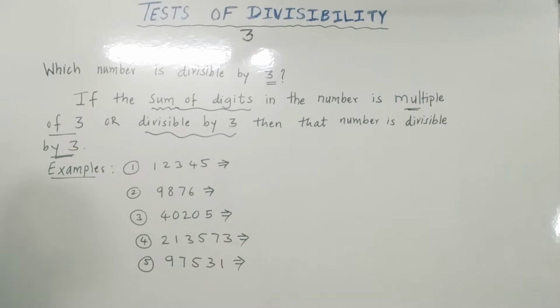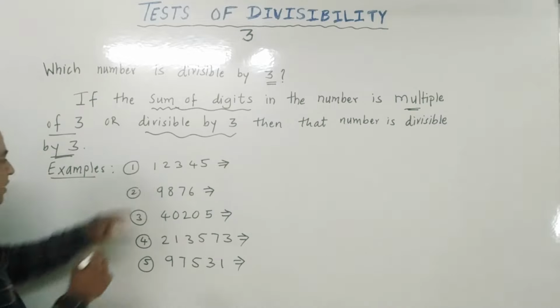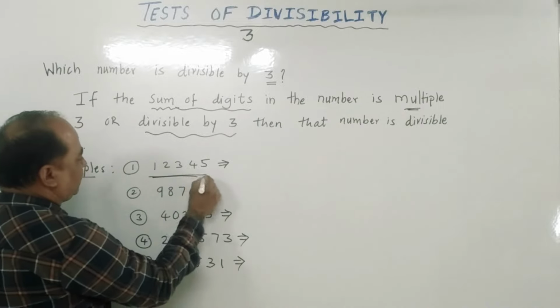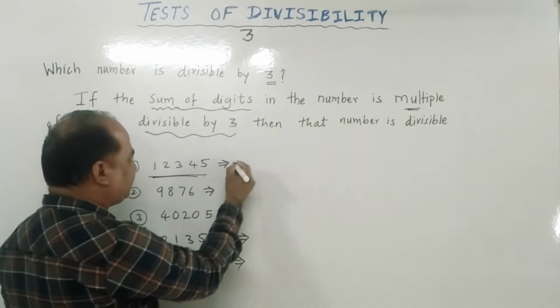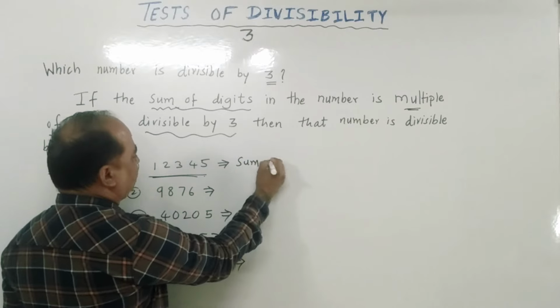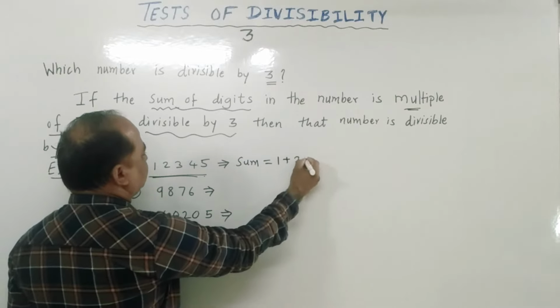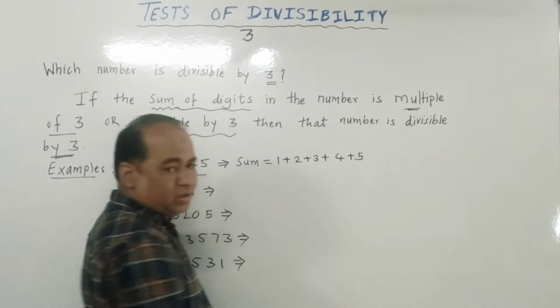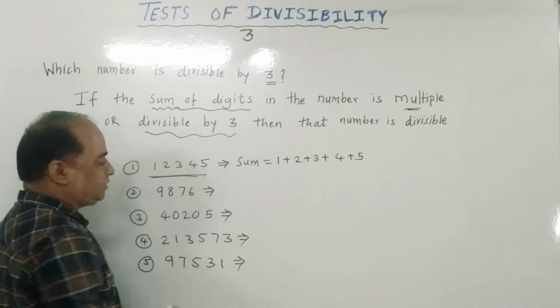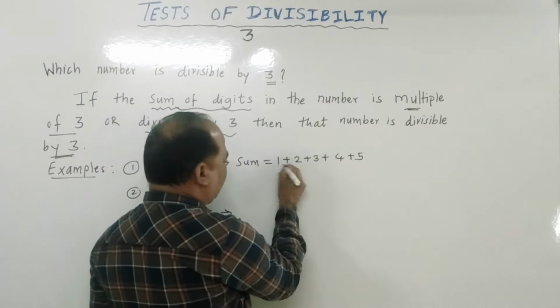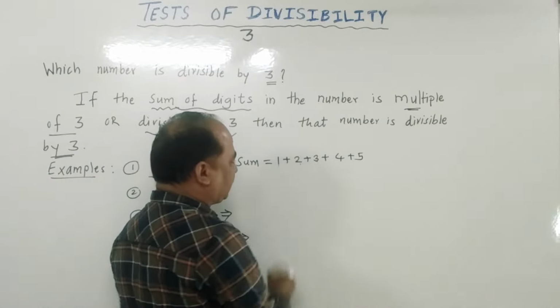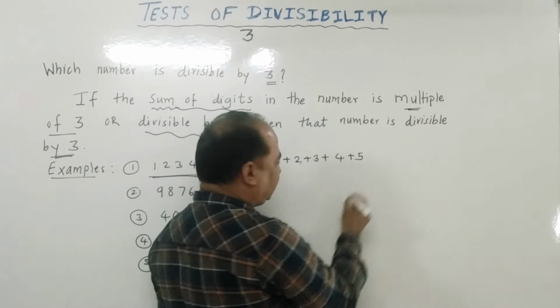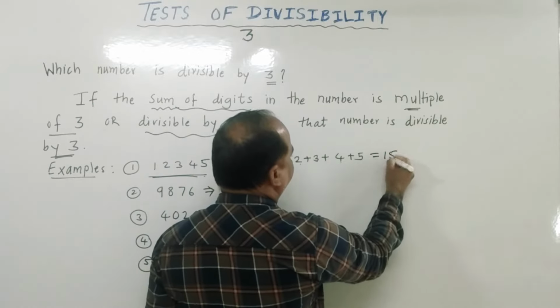So let us see the examples. Whatever numbers are given, are they divisible by 3 or not? So sum of the digits. Now this is a 5-digit number. So let us add the digits, 1 plus 2 plus 3 plus 4 plus 5. Now 1 plus 2 is 3, 3 plus 3 is 6, 6 plus 4 is 10, and 10 plus 5 is total 15.